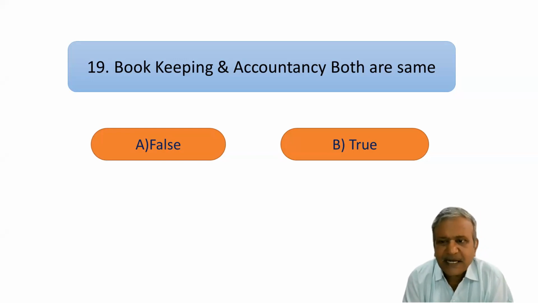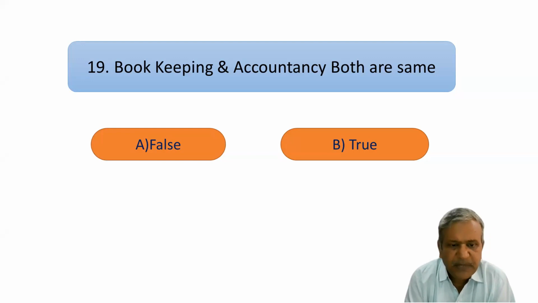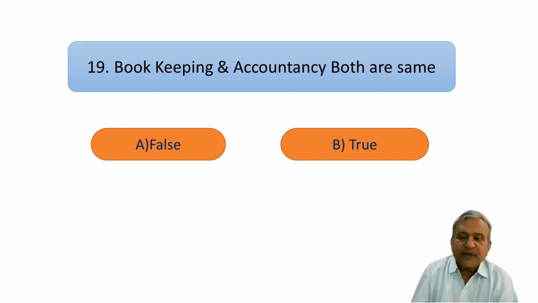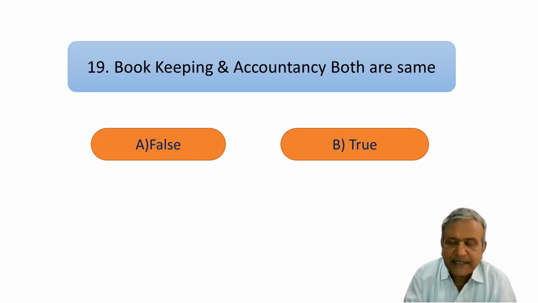When I used to see people say, sir, my trial balance is not tallying, I say, please check the postings, everything. Once the accounts are correct, the trial balance will tally. The proof that all the accounts are correctly entered is that the trial balance is tallied.